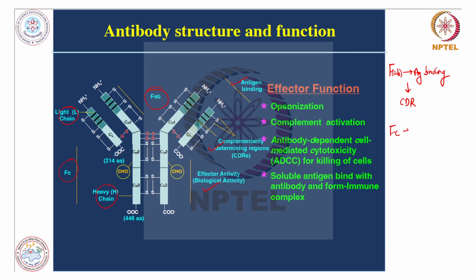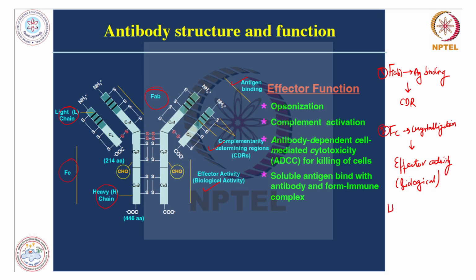And the second one is this Fc, which is the fragment of crystallization. This Fc region has the effector activity. This effector activity is nothing but the biological activity, like how it will respond to the antigens. So it has two regions, Fab and Fc.